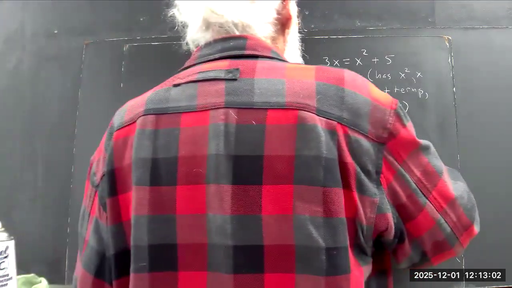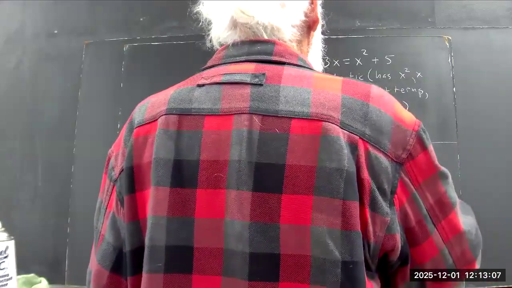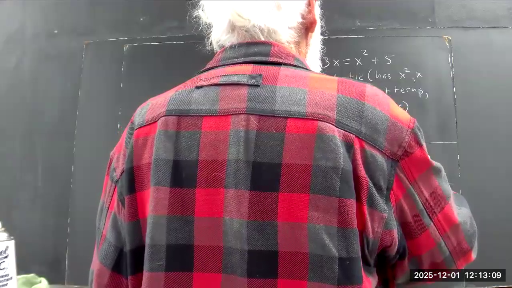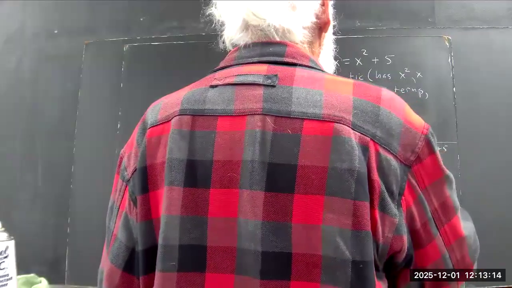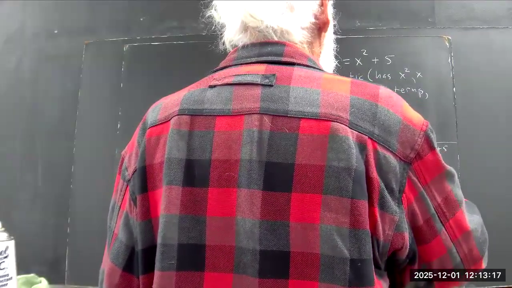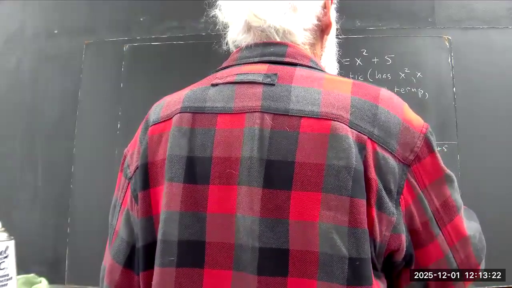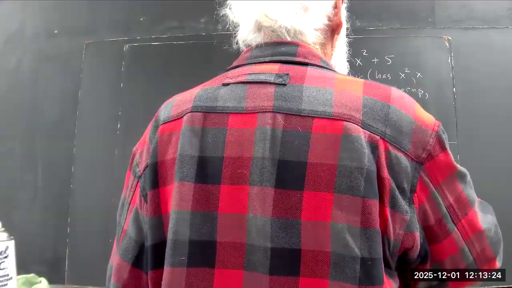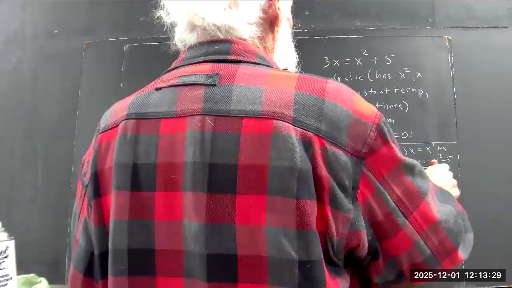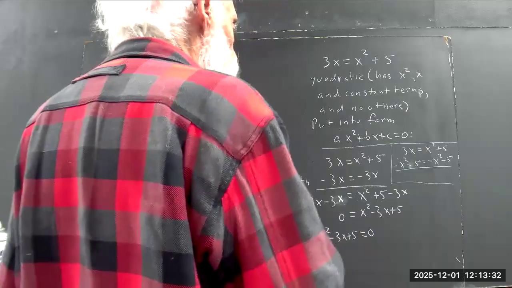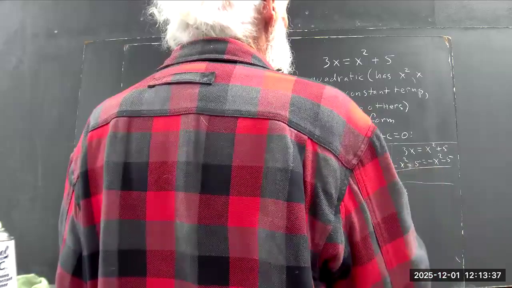Now, there's an alternative here. We could subtract x squared plus 5 from both sides.